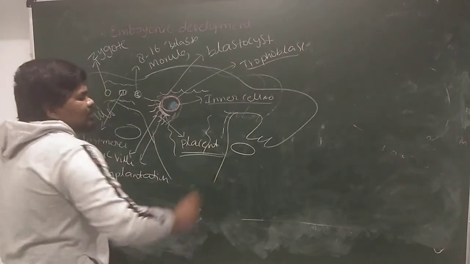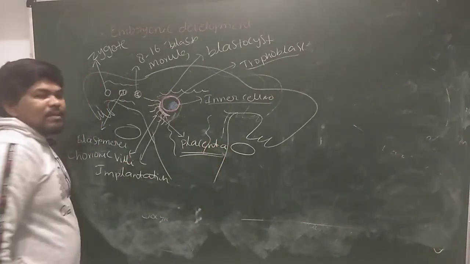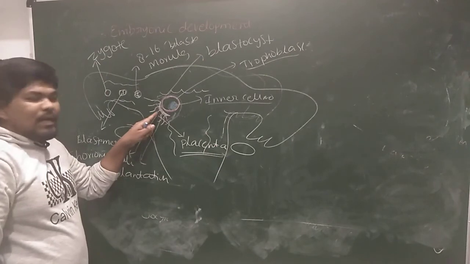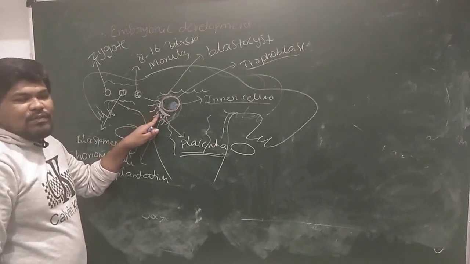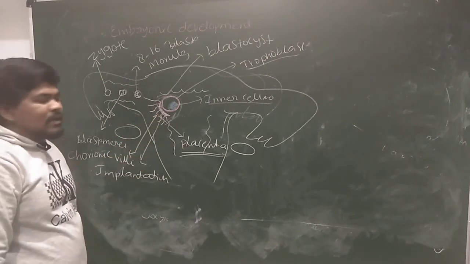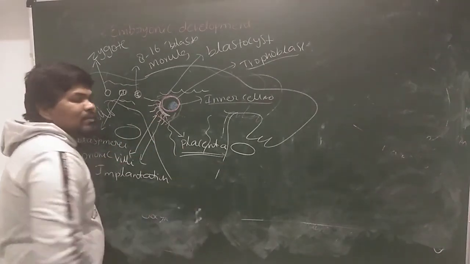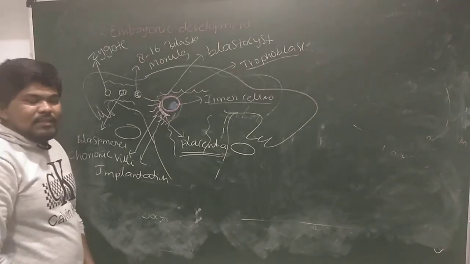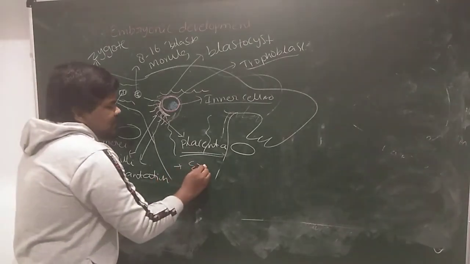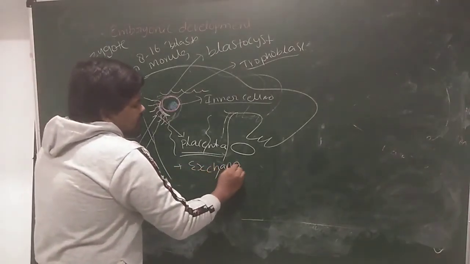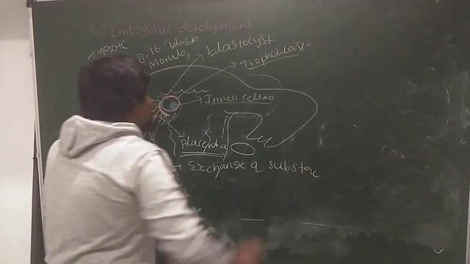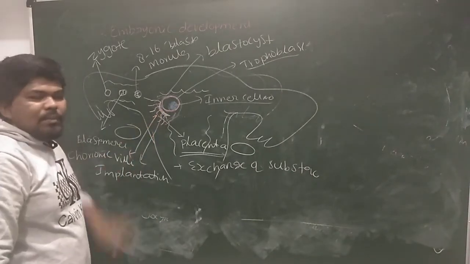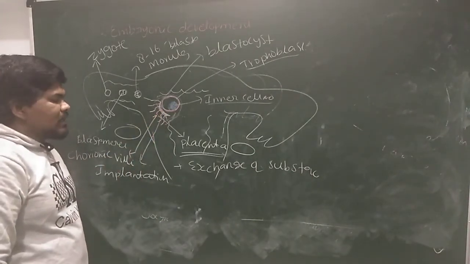Now we have to discuss the complete details of the placenta. What is the placenta? After the formation of chorionic villi, these chorionic villi combine with the tissue of the uterus and become the placenta. The placenta is mainly used for the exchange of substances between the developing embryo and the maternal tissue.